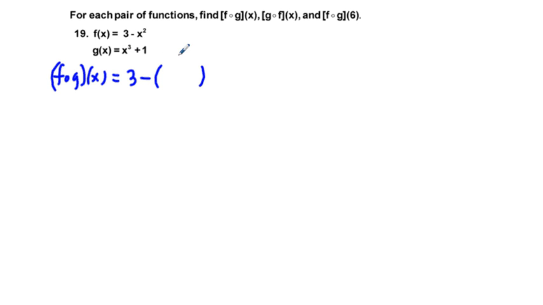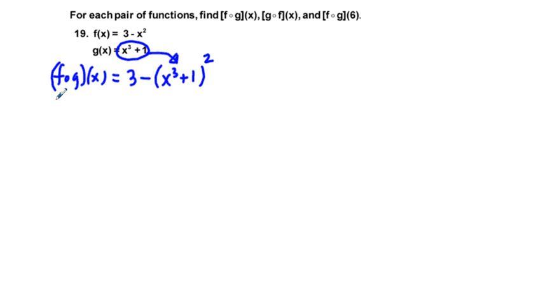We just make a big parentheses there, leaving room, and we square the outside, and so g will go right in here, which is going to be x cubed plus 1.